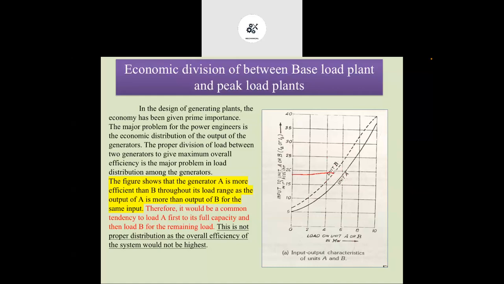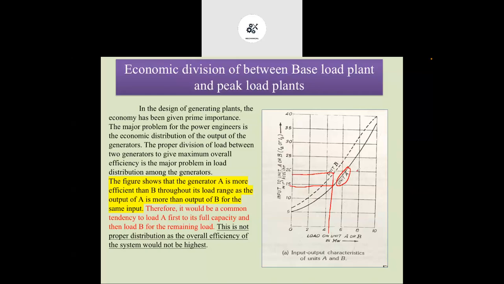Now you can see here on the right hand side, there is a graph which gives you the variation of input required for plant 1 and plant 2 with respect to the load. As load increases, the variation in the input requirement has been given.